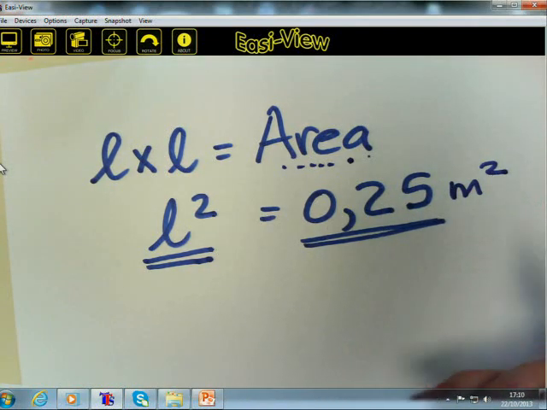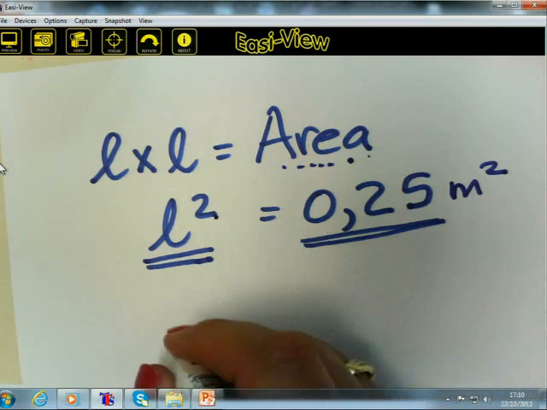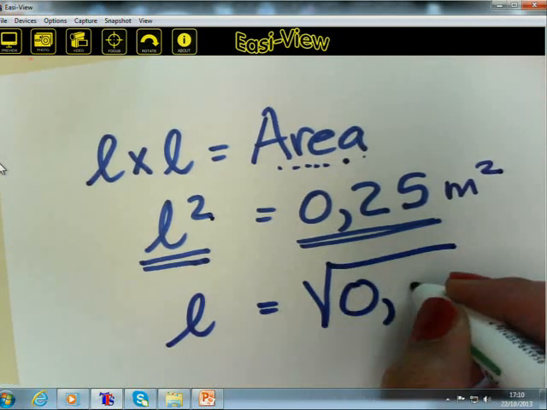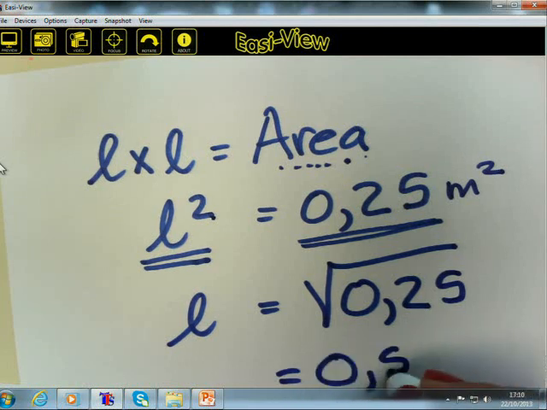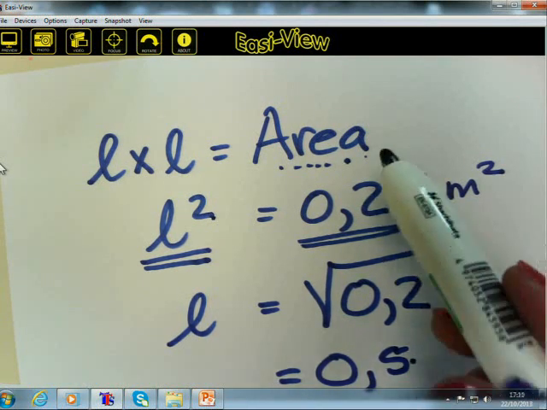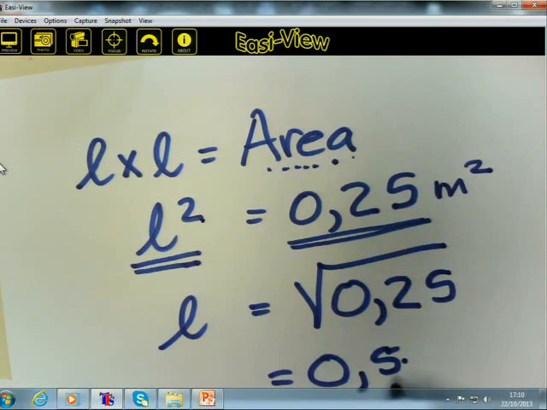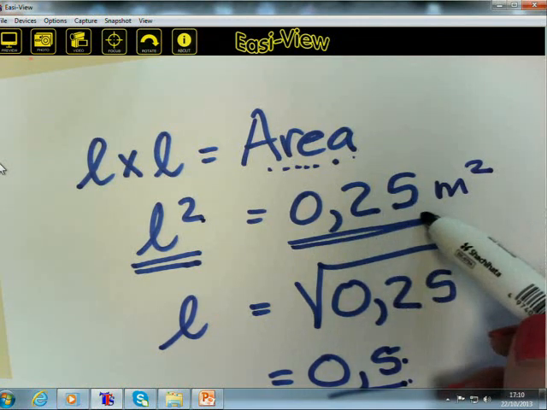Now I must do the opposite. The opposite of square is square root. So if I want the length, it will be the square root of 0.25, and the answer there is 0.5. So how did they get the area of that square base? They said 0.5 times 0.5, and it gave me 0.25.